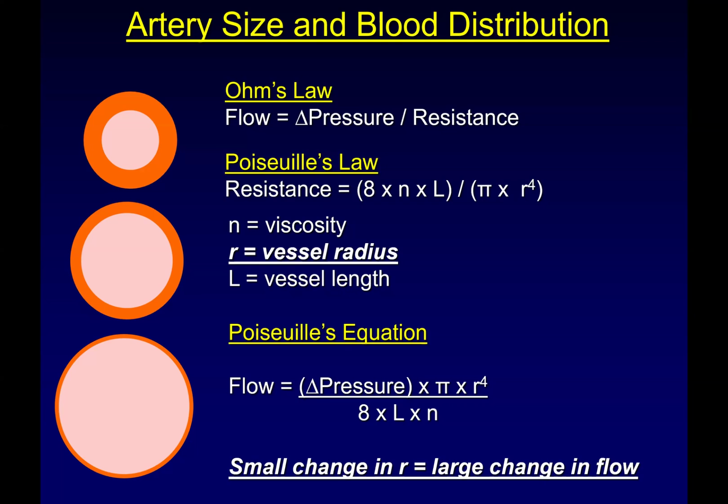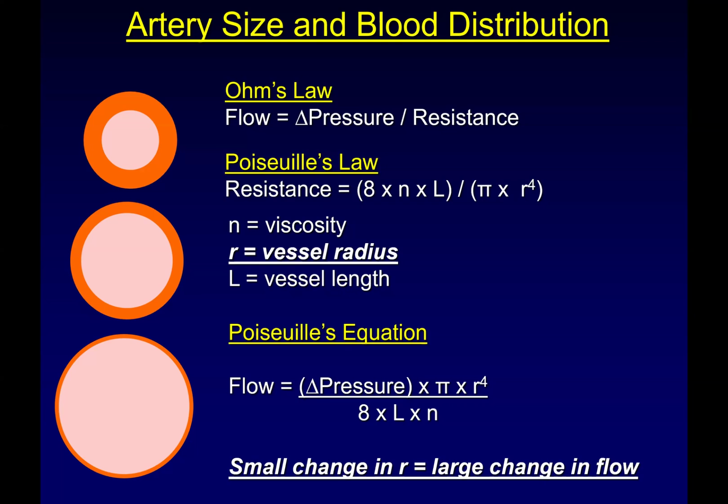Great, what does all of this mean, Dr. Black? Well, this is constant, viscosity is constant, the length of your vessels are constant, pi is constant. So really, we control resistance by controlling the radius of the vessel. And because it goes to the fourth power, any small change has very, very dramatic effects on resistance.